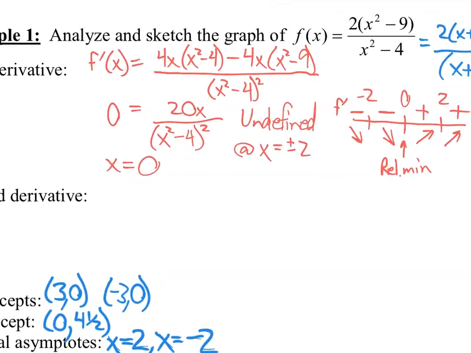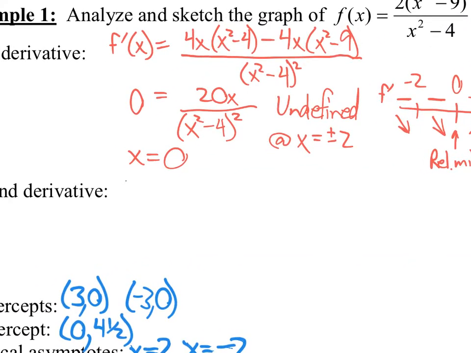Alright, so here's the second derivative. Let's do this one real quick. F double prime of x is 20 times the denominator minus the numerator times the derivative of the denominator.